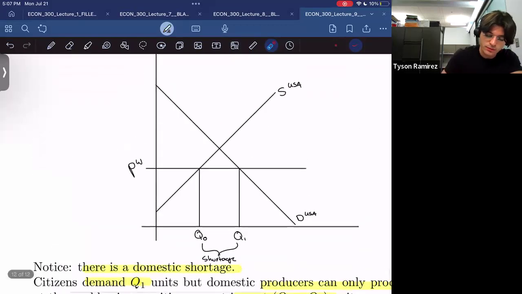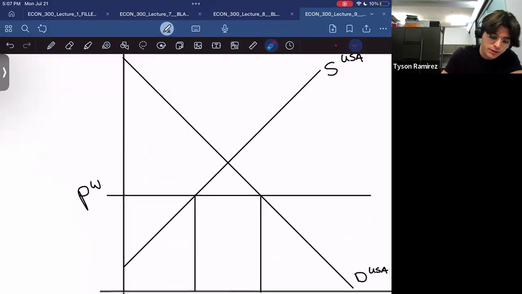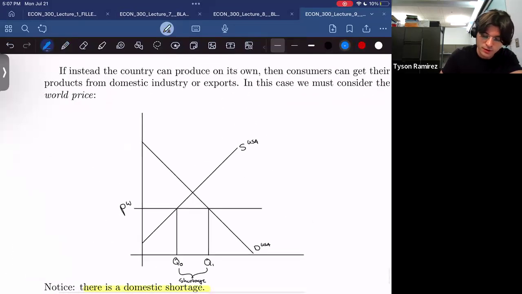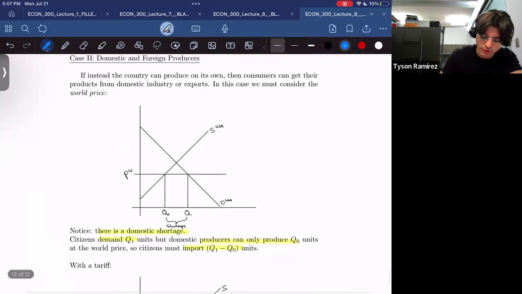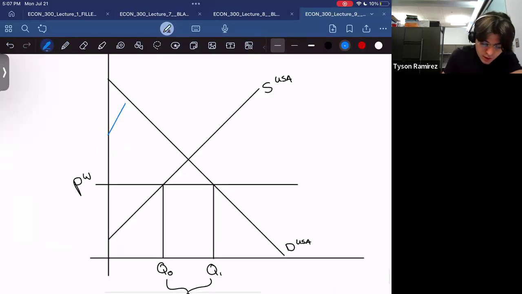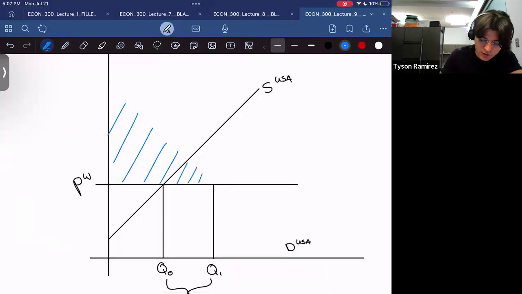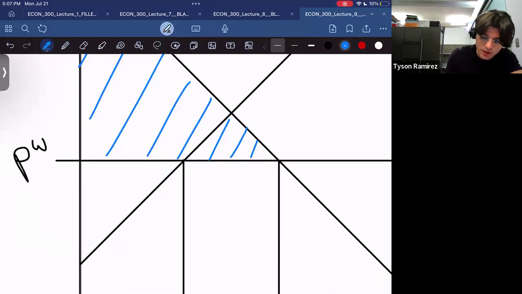And then what I should have done is that up here in our original case, before the tariff, remember we were importing stuff, so the consumers were able to get all of that surplus, but the producers were the ones needing some help, right?